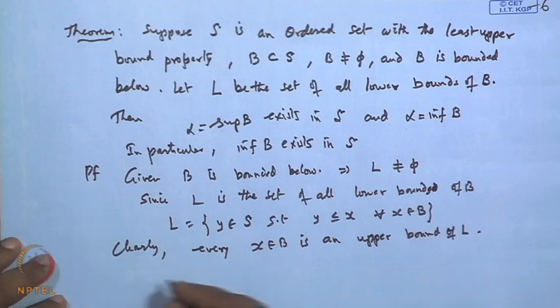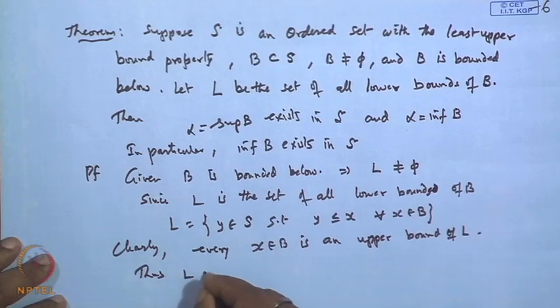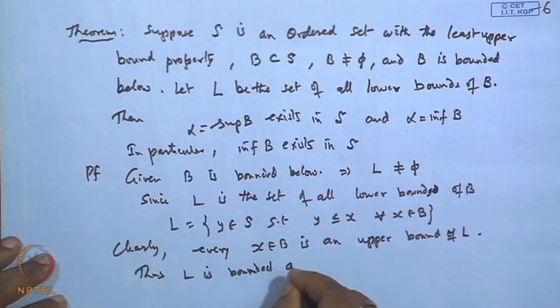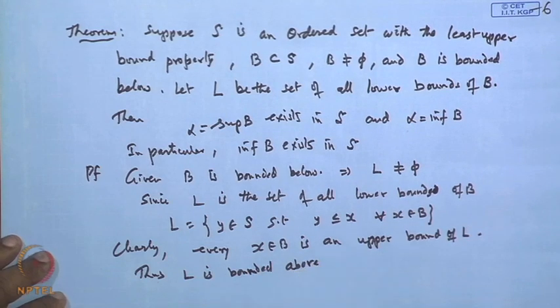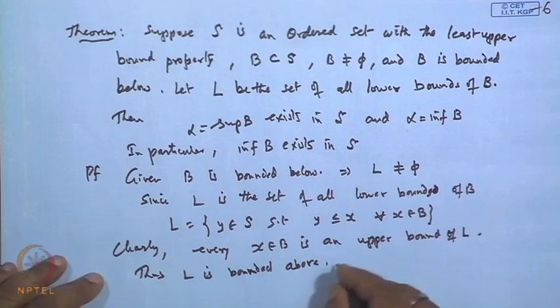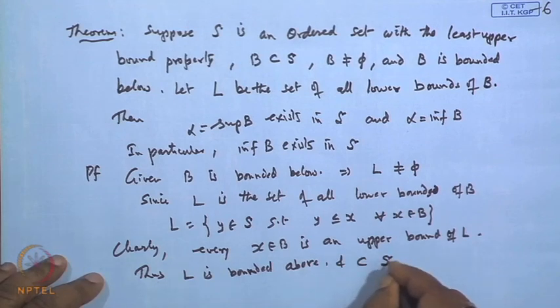Thus L is bounded above. So, L is a non-empty set which is bounded above, and it is a subset of S. L is a subset of S. So, it is bounded above and is a subset of S, is it not?